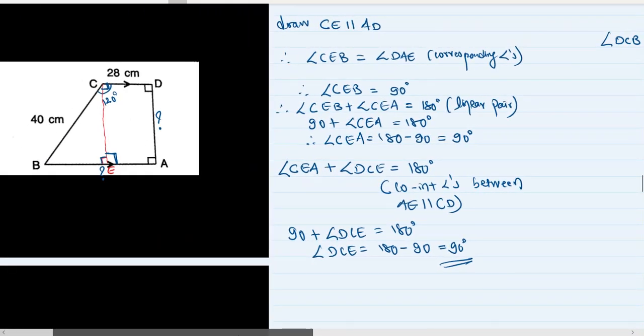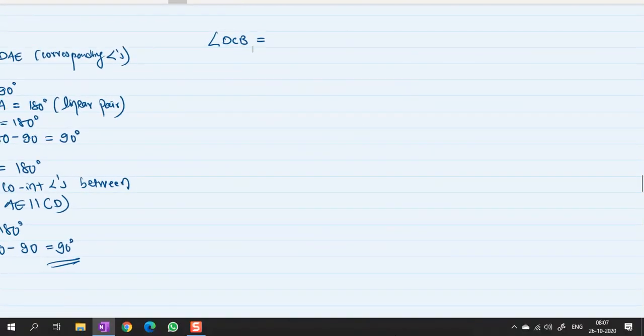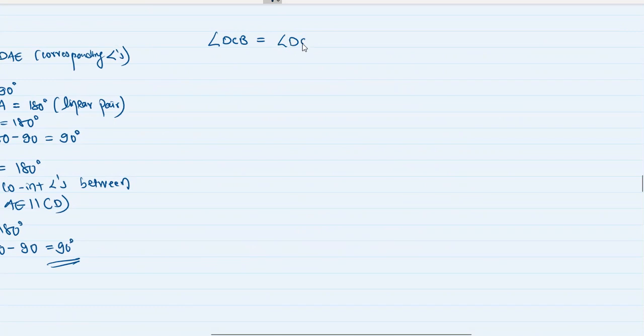Angle DCB is the sum of DCE plus BCE. Angle DCE is 90 degrees, DCB is 120 degrees, and we do not know what angle BCE is.